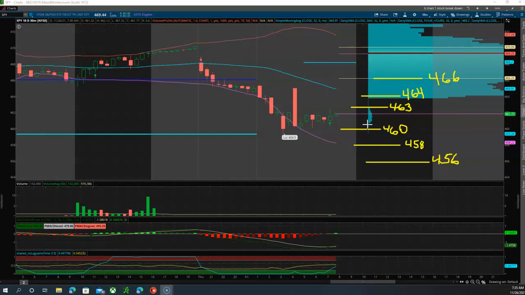However, if you see the opposite, we get a lot of bear volume and we begin to trace down into 460 and you see that volume climbing, it is possible that we can break off and go lower. But again, it's going to take a lot to get us off of that line. So that's what you watch for today.